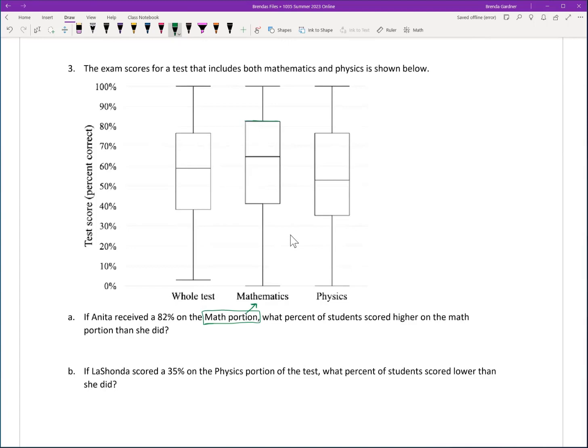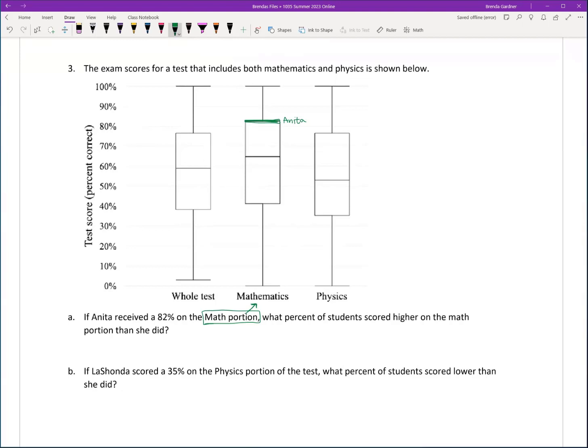And so Anita is sitting at the top of a box. And so what this question is doing is asking you, can you interpret what box plots mean? When we drew box plots on our last project, we drew them horizontally, but you certainly can draw them vertically as well.